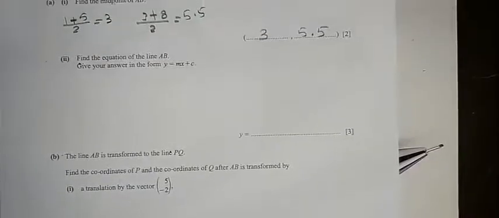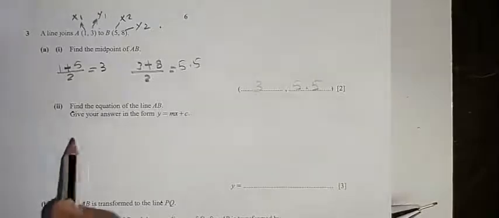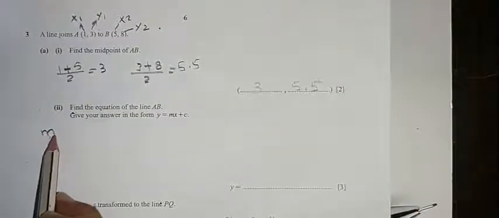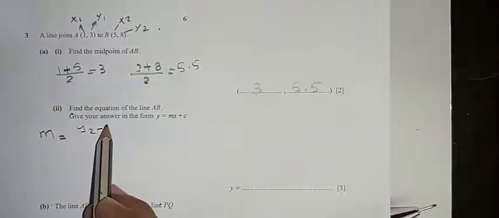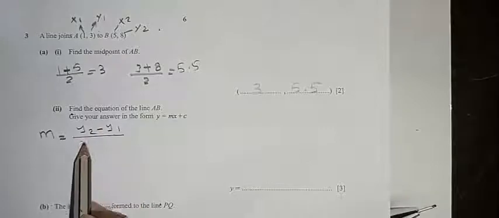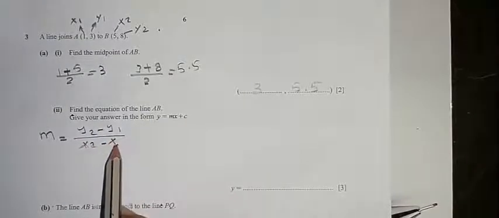Here we need to find out the gradient of this line. Gradient, denoted by m, equals y2 minus y1 over x2 minus x1.